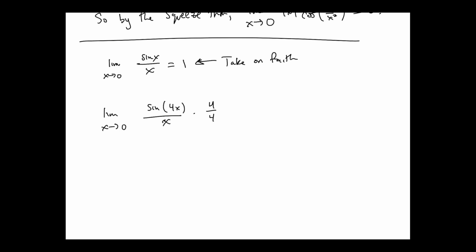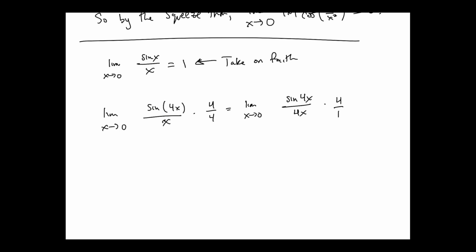I could multiply by a disguised form of 1, right? And then kind of be smart about kind of how I rewrite it. Yeah.